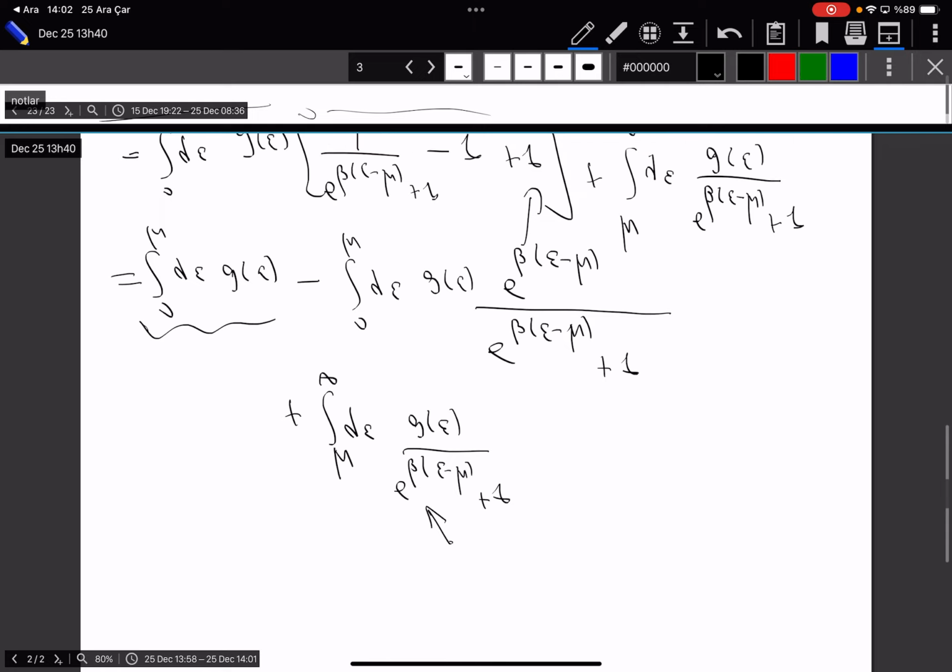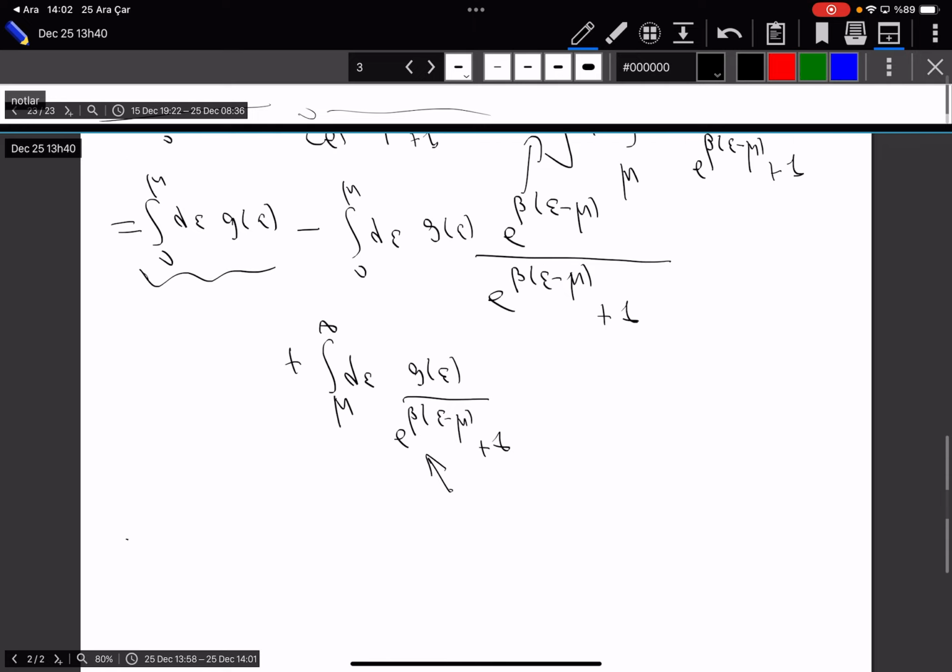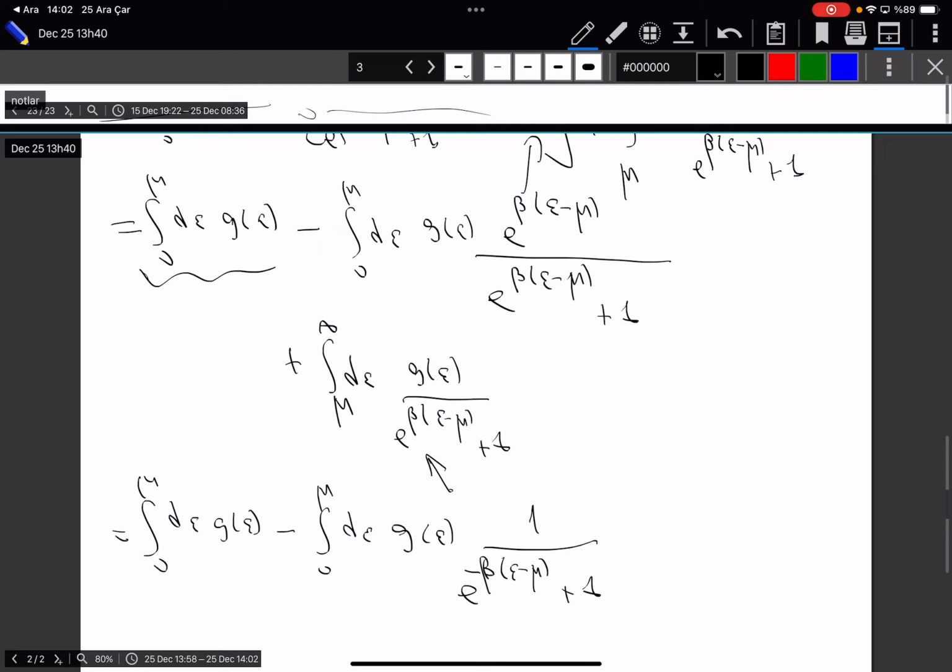If you look at the other term, let me rewrite it again, that term also. I just multiply the numerator and the denominator by e to power minus beta epsilon minus mu.